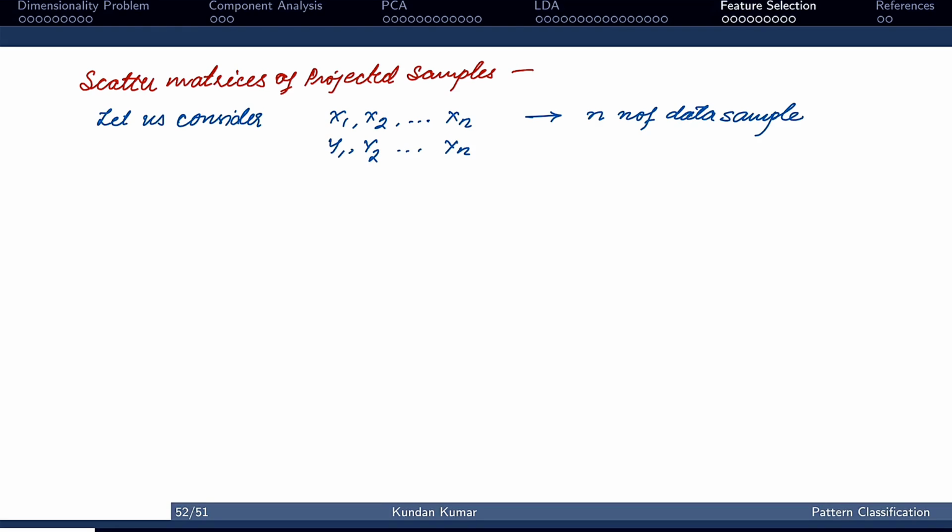Okay. So these are basically the projected samples.